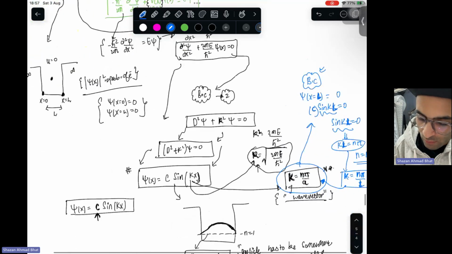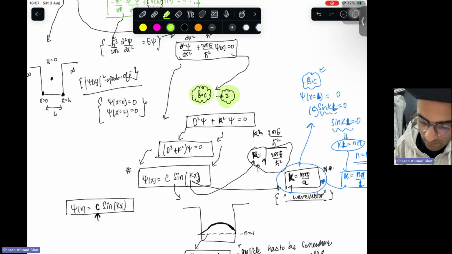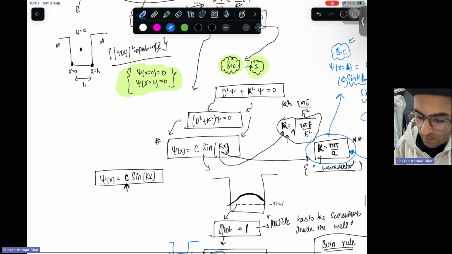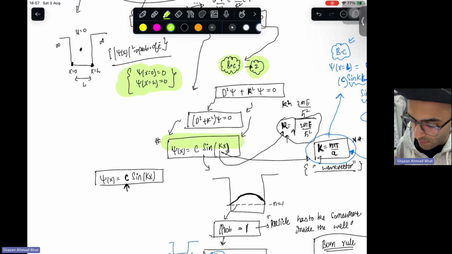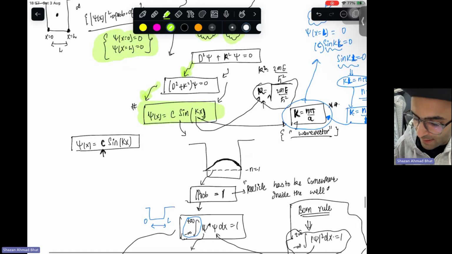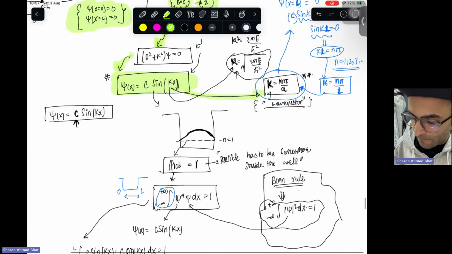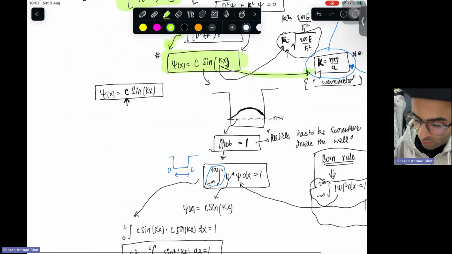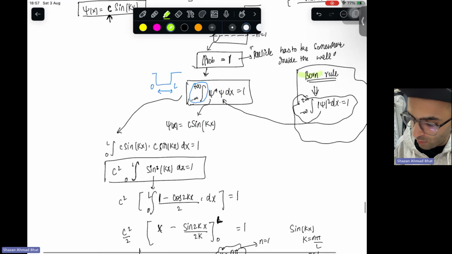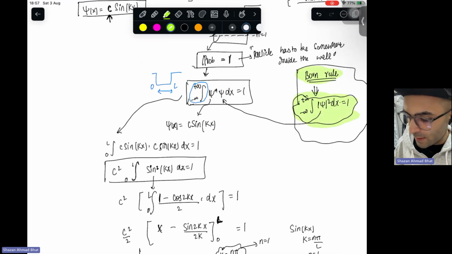As I said, there are two boundary conditions, one at one boundary and another at the other boundary. That simplifies the problem, and you get the solution of this particular problem in this form. You use the boundary condition to obtain the wave vector, and you use the Born rule to compute the probability and to set the overall probability equivalent to 1.